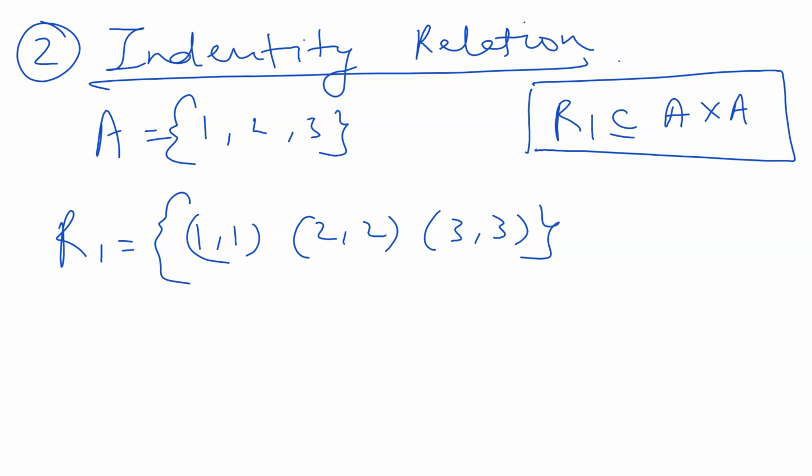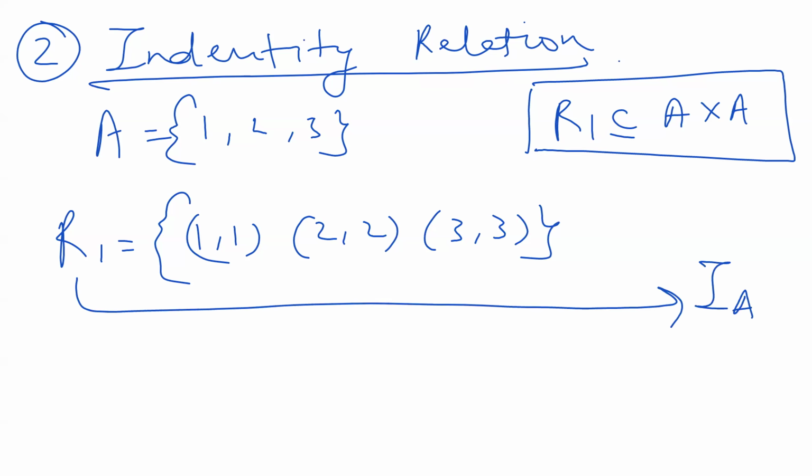So this is an identity relation where every object will be paired with itself.